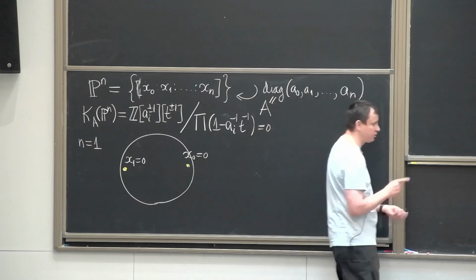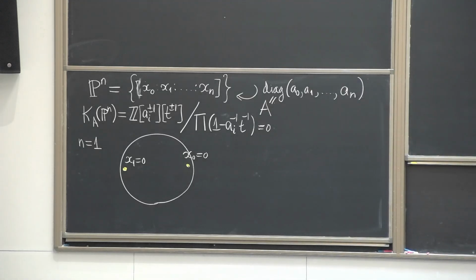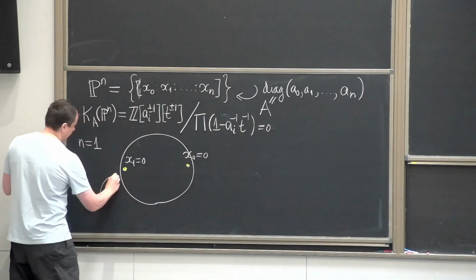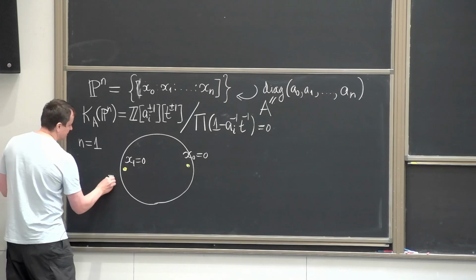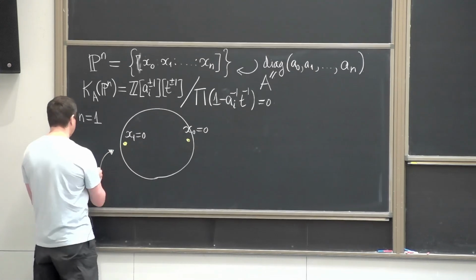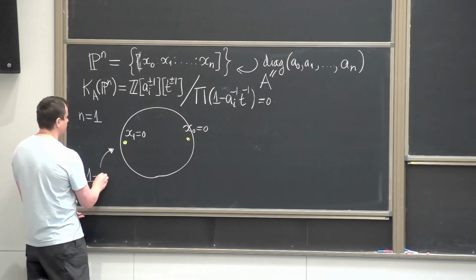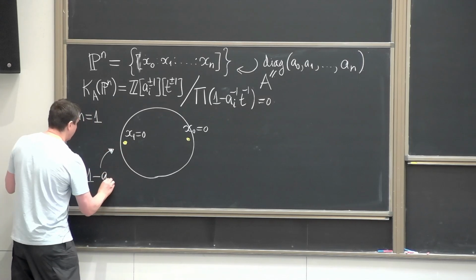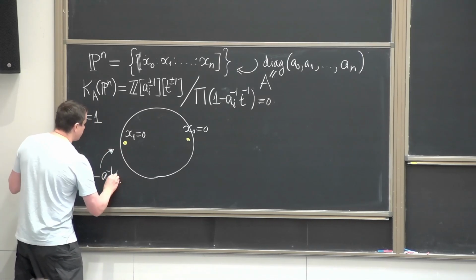We talked about push forward. In particular, a point by push forward defines a class. We'll just take the Koszul resolution of that. So the class of this point, you think about what the Koszul resolution says. That is actually 1 minus, so this is where the second equation vanishes, A1 inverse T inverse.